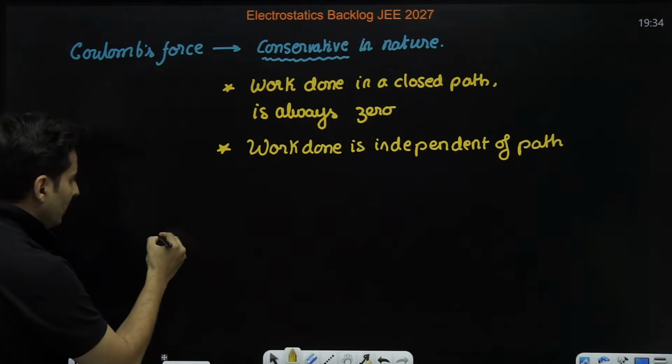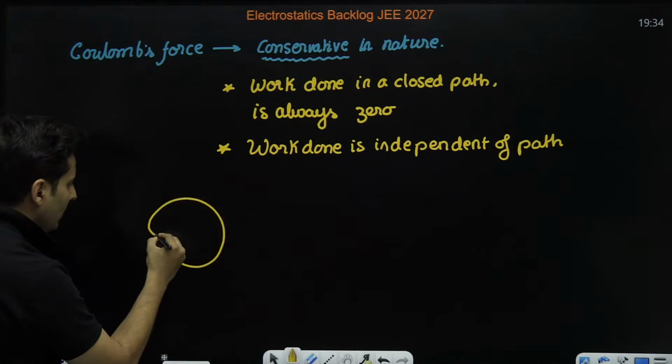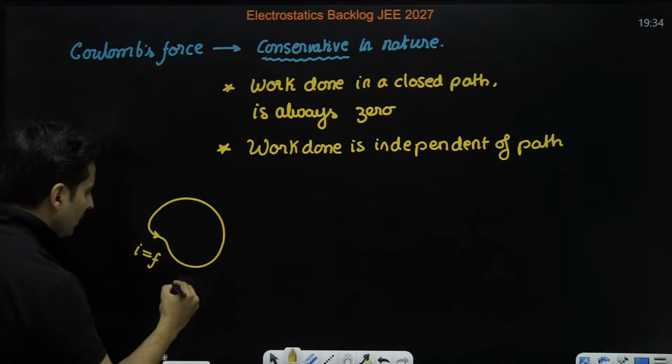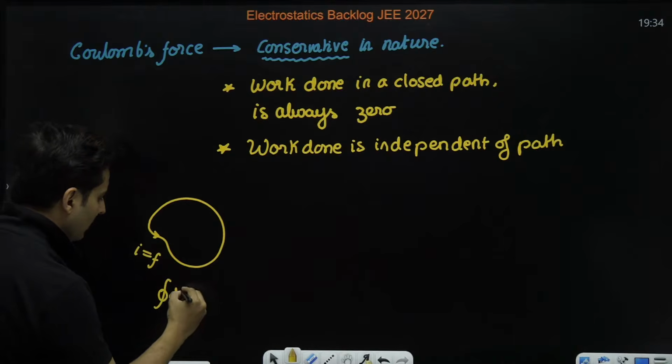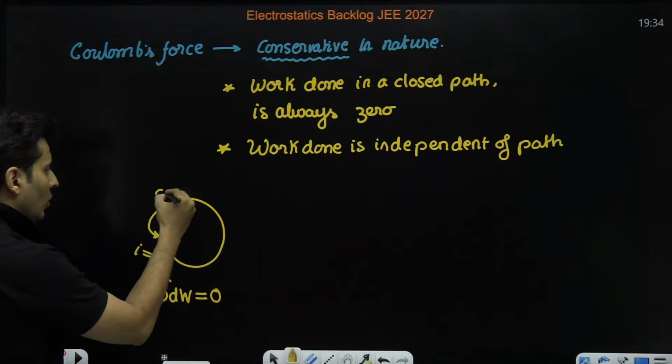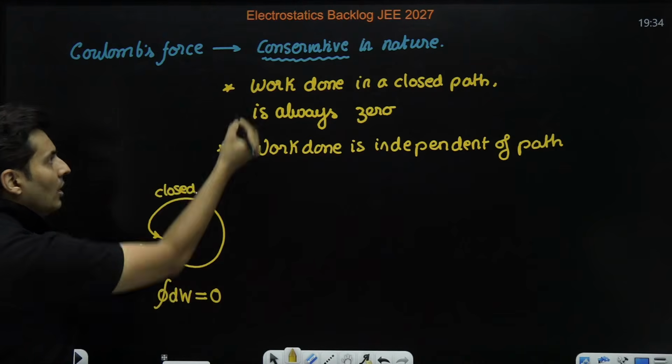First point I told was you start from a point and you come back to the same point. Initial is equal to final. The total work done is always going to be zero in a closed path. That was the first pointer I mentioned.